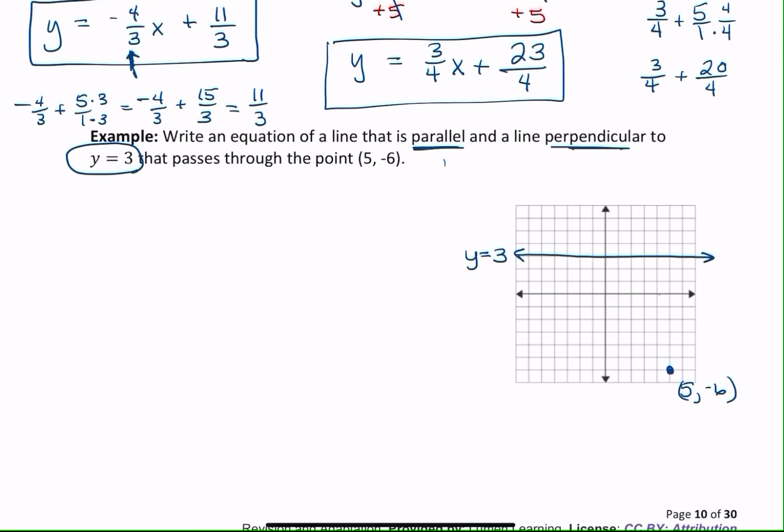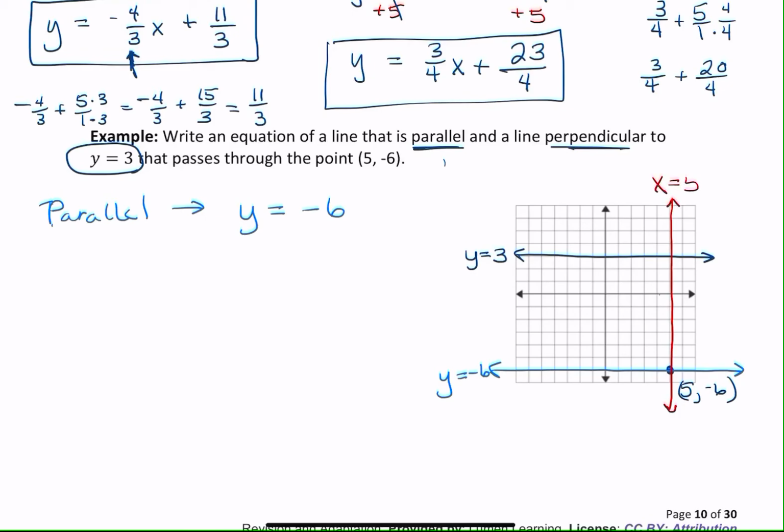So if I want a line that's parallel through this point, it's going to be this line of y equals -6. So that's my parallel line. Perpendicular passing through the same point is going to be a vertical line at x equals 5.